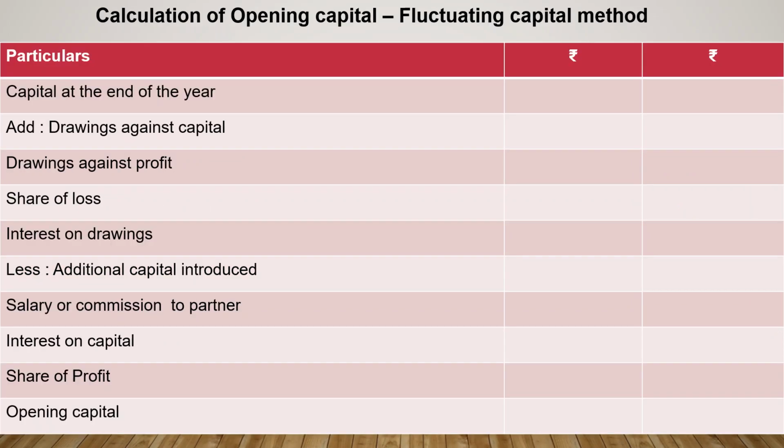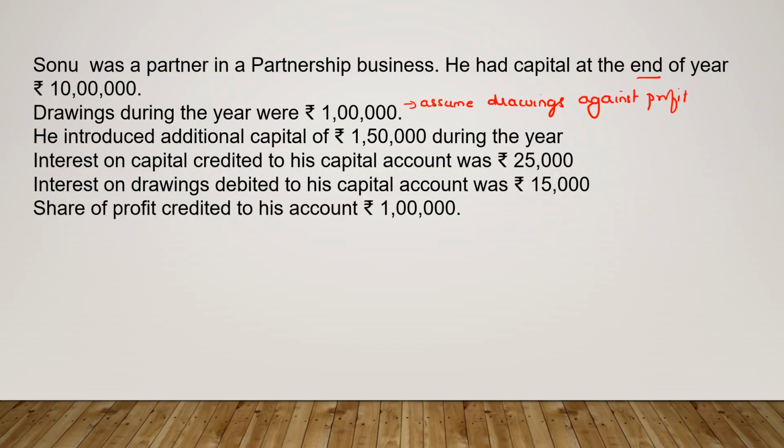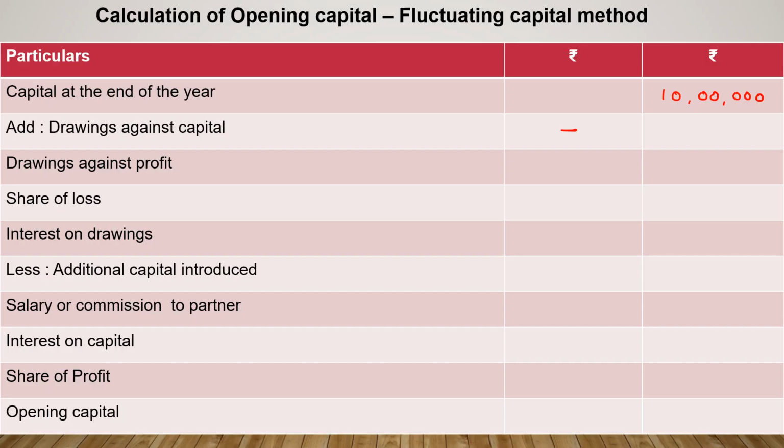But if they were following the fluctuating method, then we start with the closing capital of 10 lakh. Now we don't have any drawings against capital. We do have drawings against profit of 1 lakh. So we write it here, 1 lakh. There is no share of loss. There was interest on drawings of 15,000.